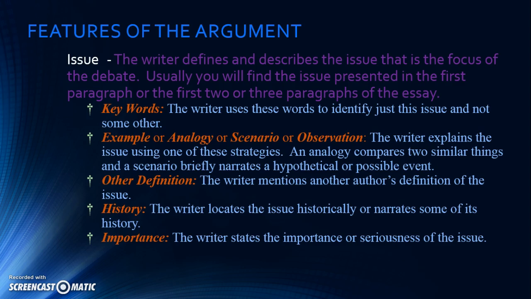The history, the importance, the seriousness of the issue being debated may be discussed by the author. That's how you'll be able to identify what the issue is, looking through these keywords, examples, and so on.